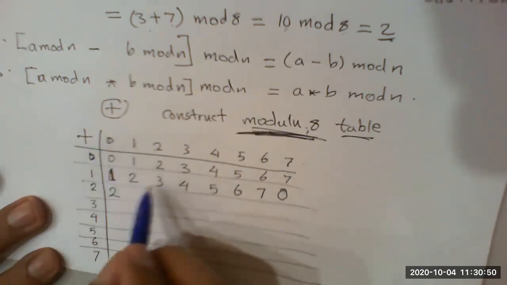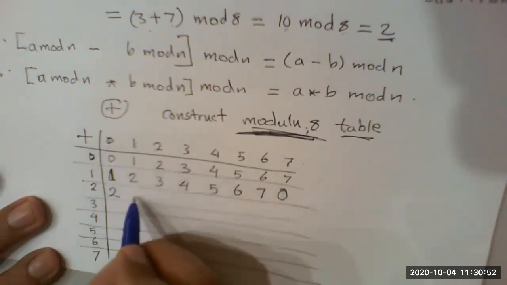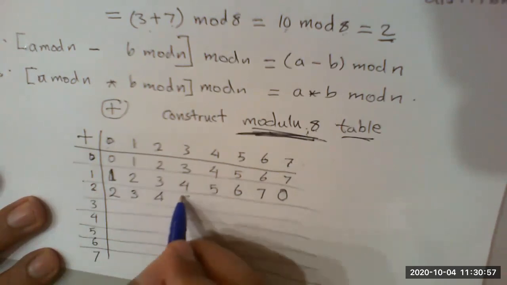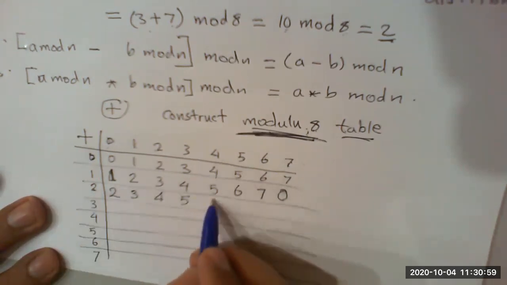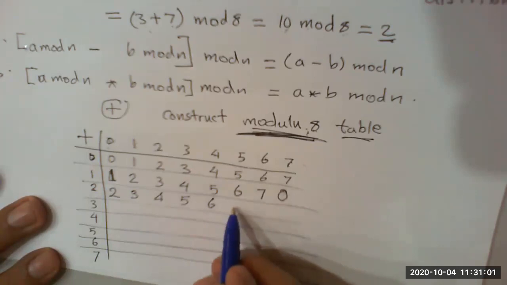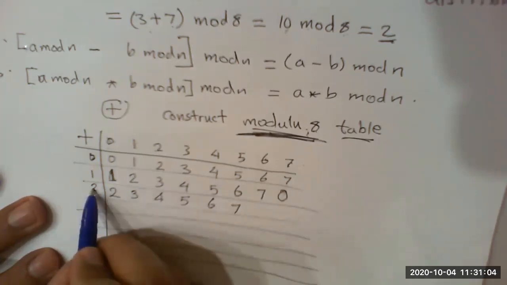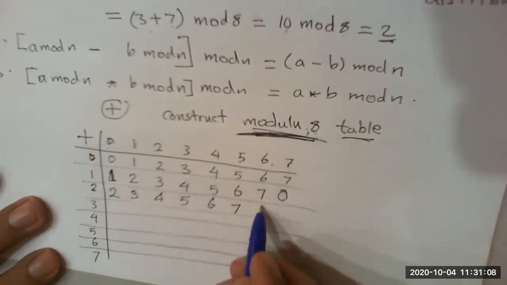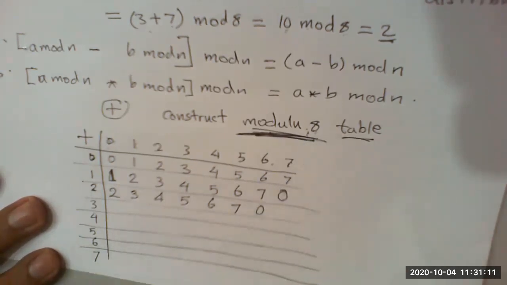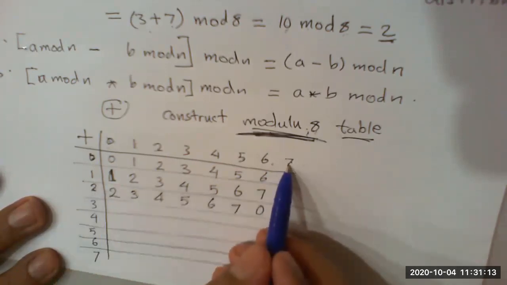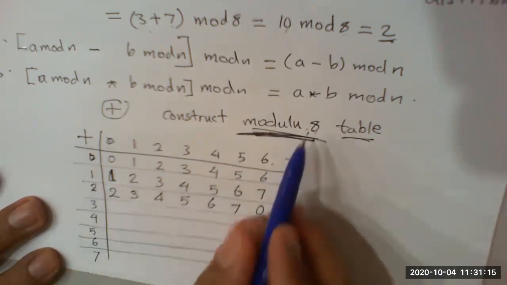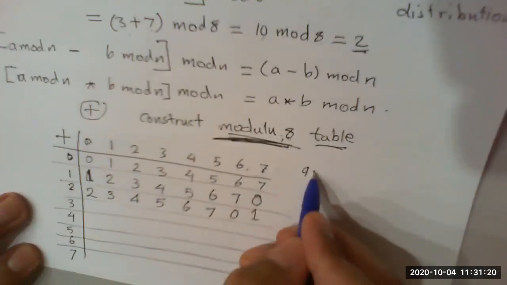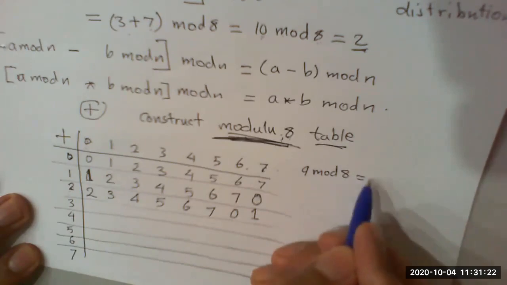So 2 plus 0 is equal 2. 2 is added to 1 equal 3. 2 is added to 2 equal 4. 2 is added to 3 is equal 5. 2 is added to 4 is equal 6. 2 is added to 5 is equal 7. 2 is added to 6 equal 8. 8 modulo 8 equals 0. So I'm going to have 0 again. And 2 is added to 7 is equal 9. 9 modulo 8 is equal 1.